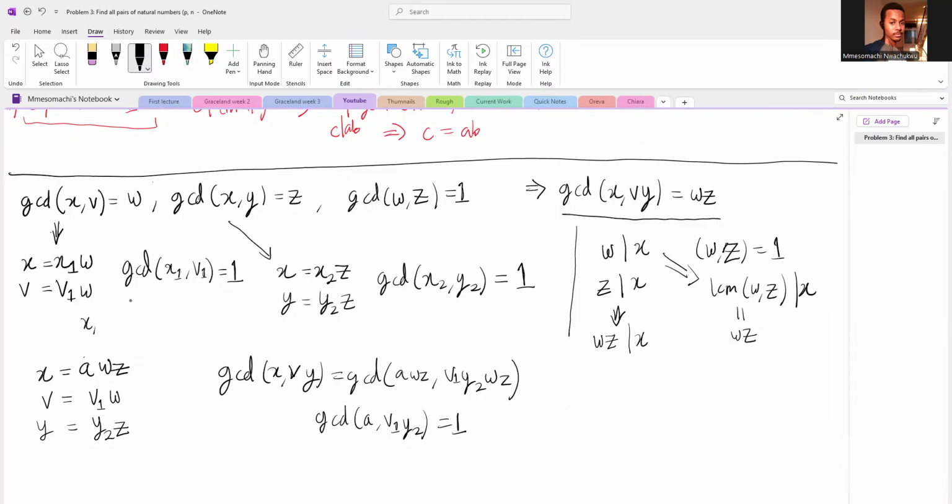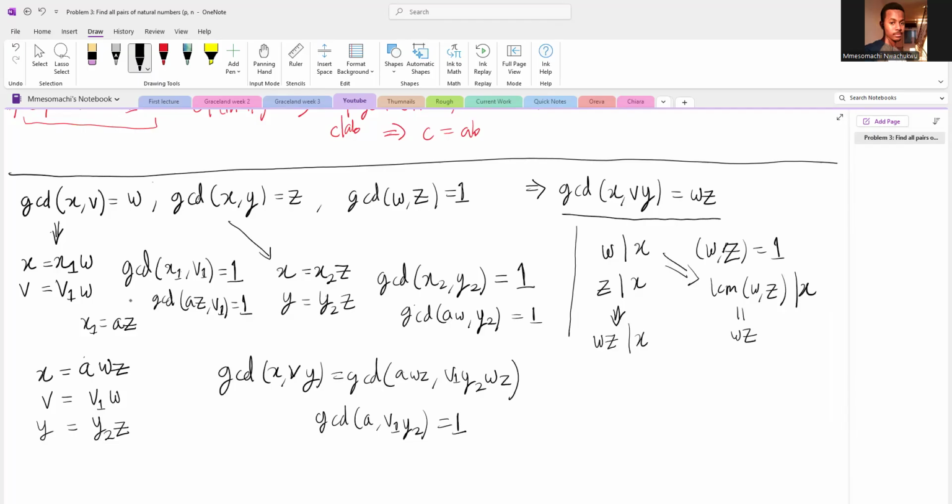So we have the GCD of A times Z and V1 equal to 1. And then we have the GCD of X2 and Y2 being equal to 1. Remember that X2 is equal to AW. So this is the same as the GCD of AW and Y2 being equal to 1.